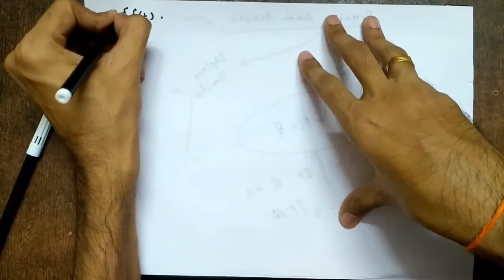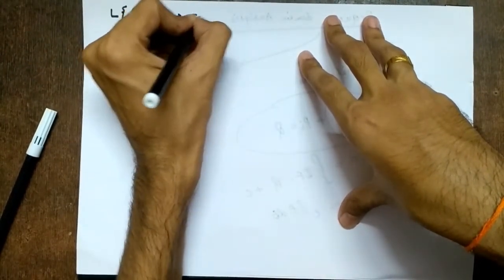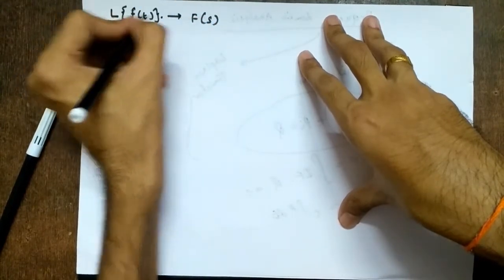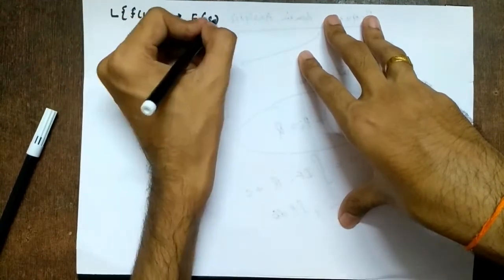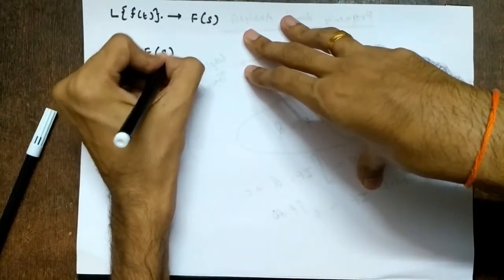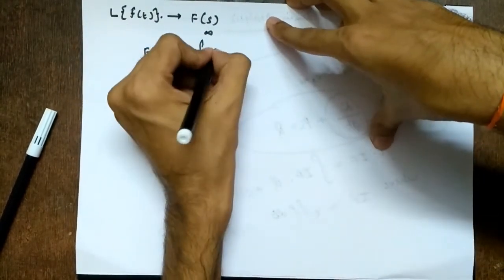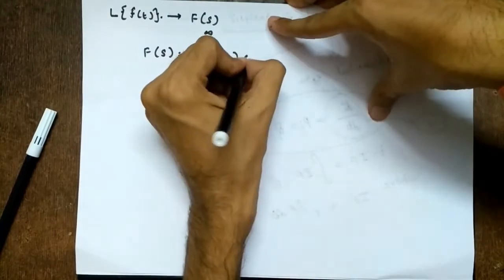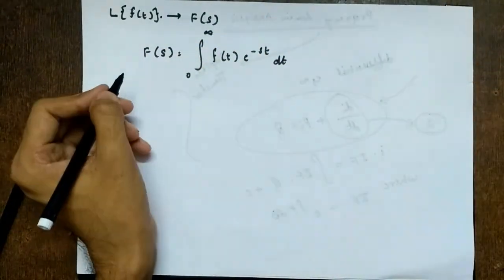We denote it as Laplace transform of f of t is given as F of s. Remember, this f is small, but in Laplace domain I make that F capital, and t is small and s is also small. So how to get F of s? F of s equals integral 0 to infinity f of t e raised to minus st dt. So this is the definition of Laplace transform.